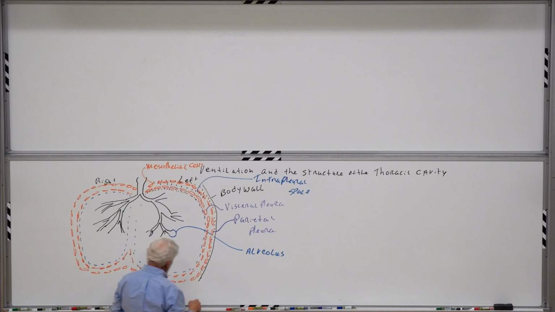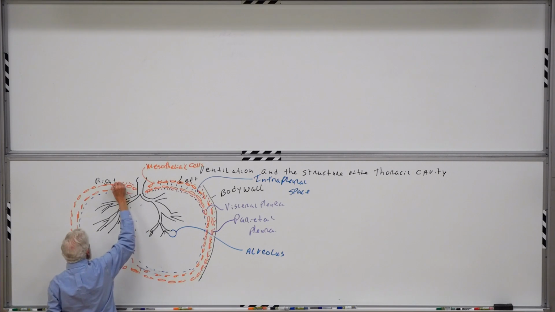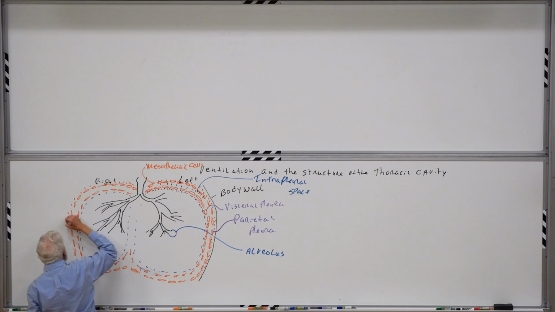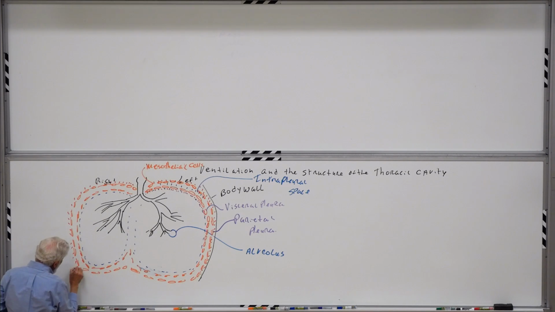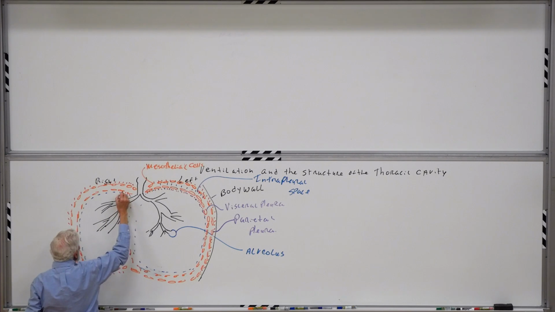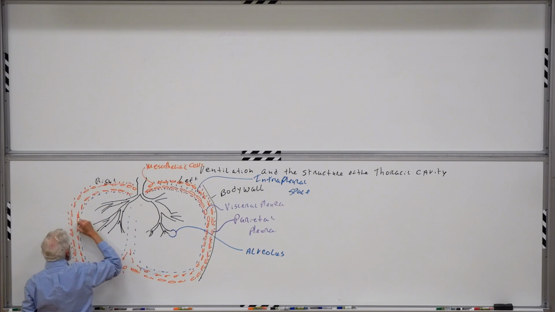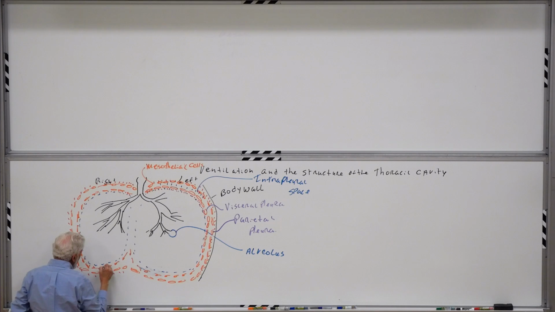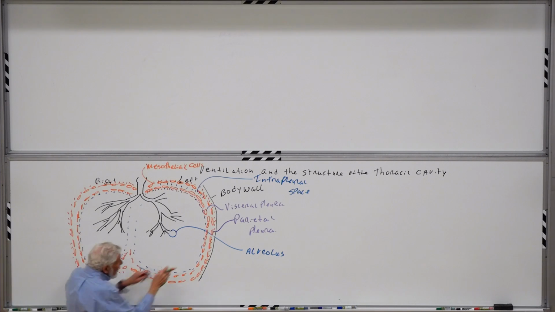But what I want to think about is the idea that the two surfaces are attached to the body wall through the parietal pleura and to the wall of the lung through the visceral pleura, leaving this space in between.